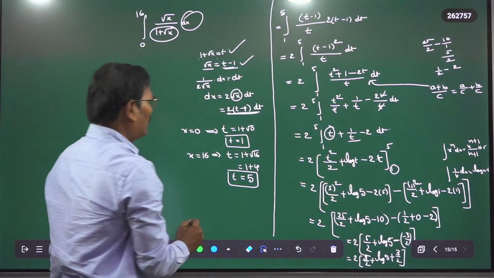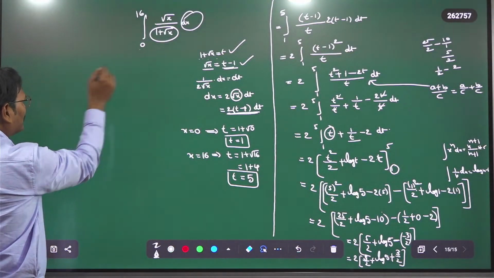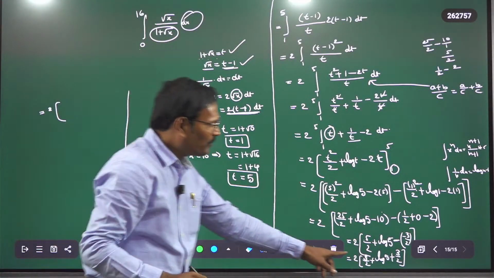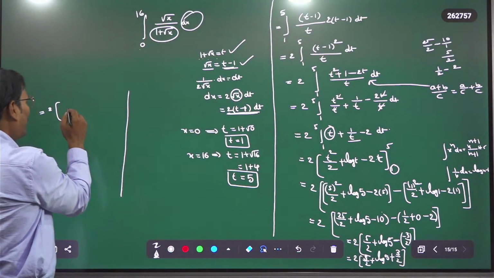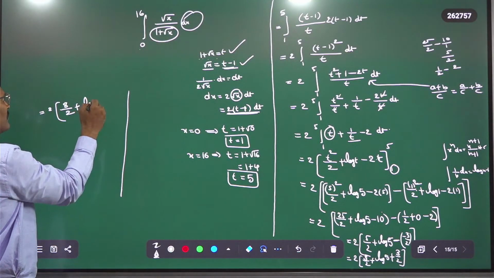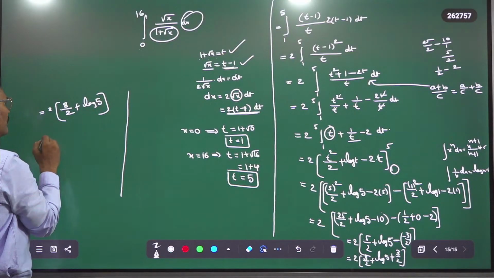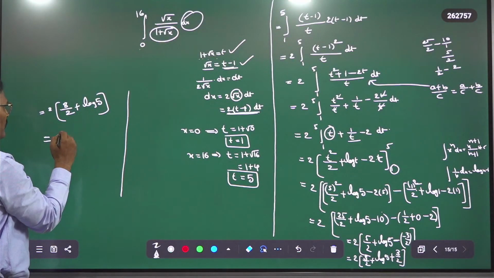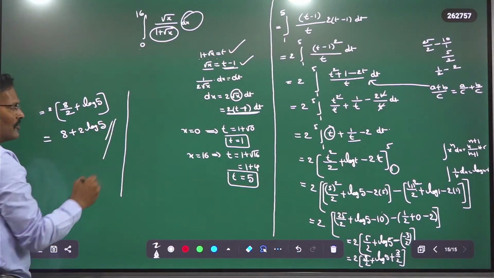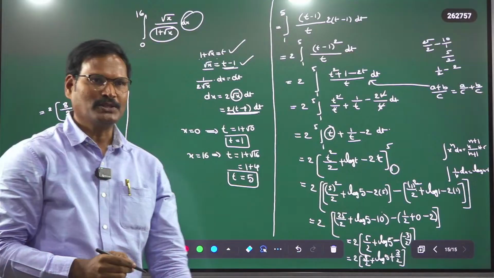Here I am writing the final answer. So 2 into 5 by 2 plus 3 by 2 means 8 by 2, plus log 5. So 8 plus 2 log 5. So this is the answer for the question.